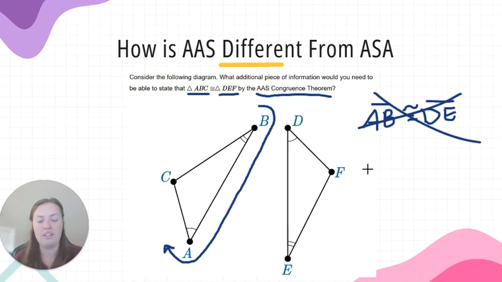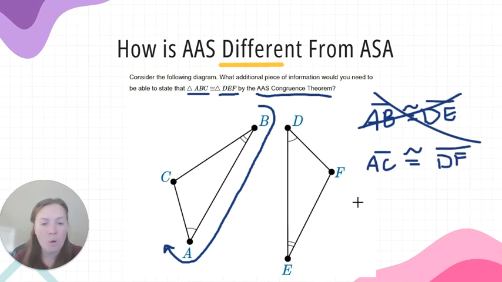So we either want the fact that AC is going to be congruent to DF, or we want that CB is congruent to ED. Or let's double check. ACB, yeah. Oh no, EF. Or FE.